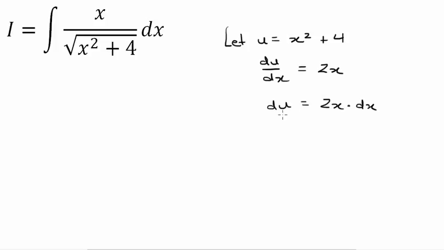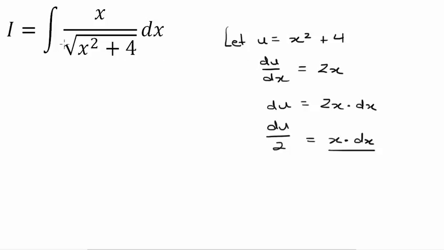So what we do is, in here, we have the differential du equals 2 times x multiplied by the differential dx. We're going to divide by 2 on both sides. So what we get is du on 2 equals x multiplied by dx. And this is on the numerator in the question, right? So we can substitute x dx with du on 2.